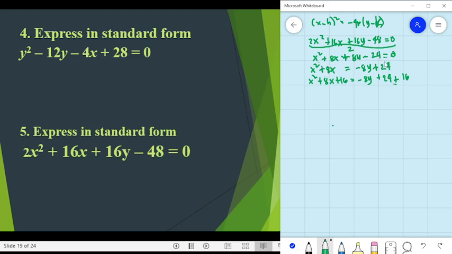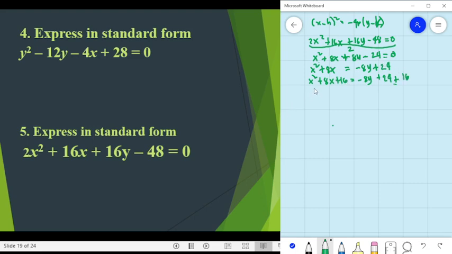Okay, so from here we transpose these two to the right side: the 8y becomes negative, and the negative 24 becomes positive 24. Then completing the squares, divide 8 by 2, so it becomes 4, then squaring it becomes 16. Then copy negative 8y plus 24, and since we added 16 here, we add 16 to the right side.